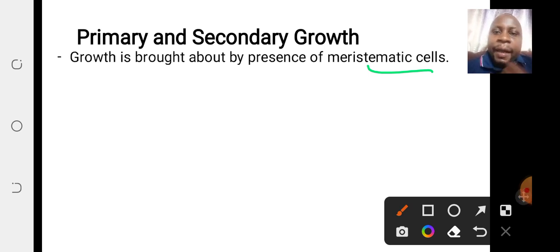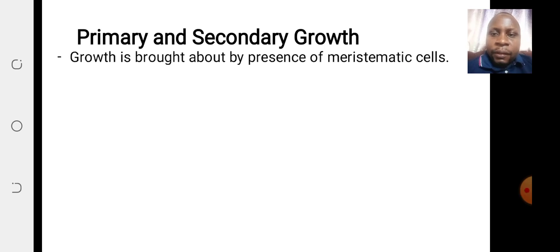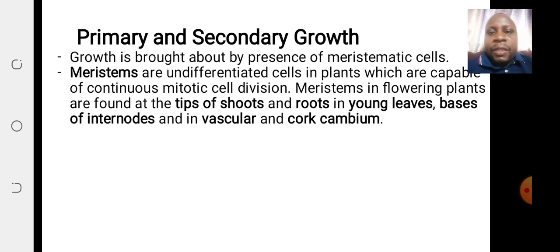Meristematic cells or meristems are undifferentiated cells in plants which are capable of continuous mitotic cell division. What does that mean? They are, first of all, cells that are not differentiated, and they can also divide by mitosis continuously.